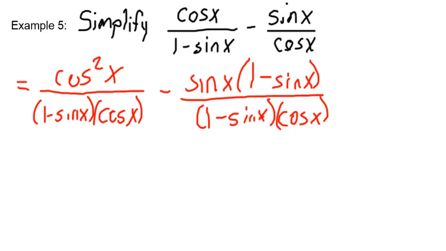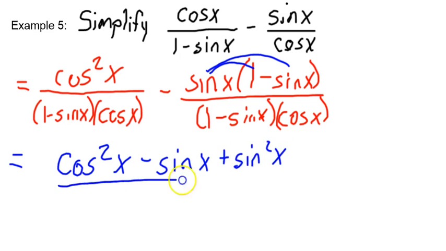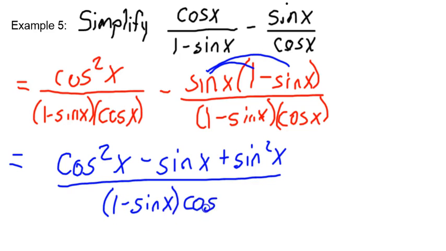So now we have a common denominator. We can write this as one fraction. So this is going to be equal to cosine squared x, and I'm going to distribute that sine x through to each term, minus sine x, and now we have subtracting a negative value, which is actually going to be plus sine squared x, all divided by 1 minus sine x times cosine x.